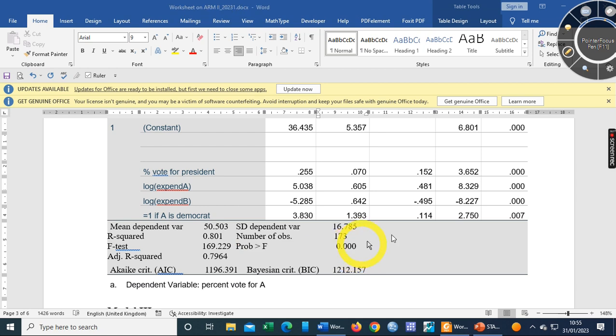The second model also fits the data. So the model is useful.